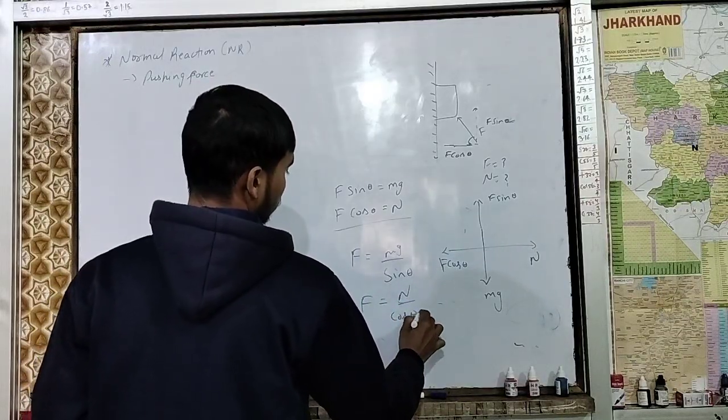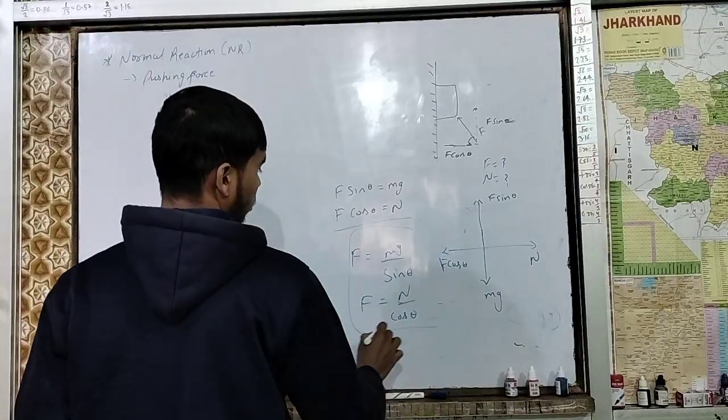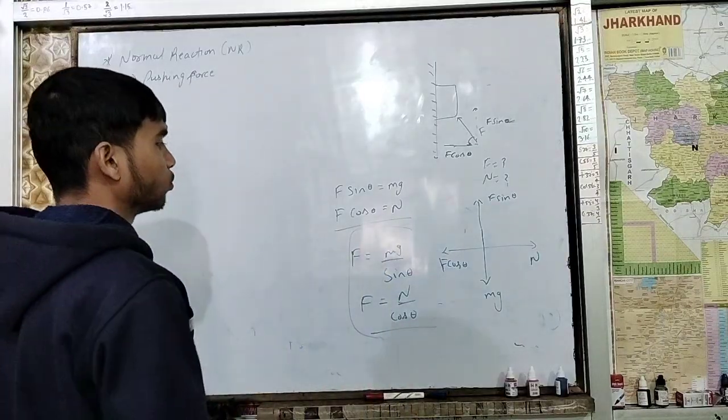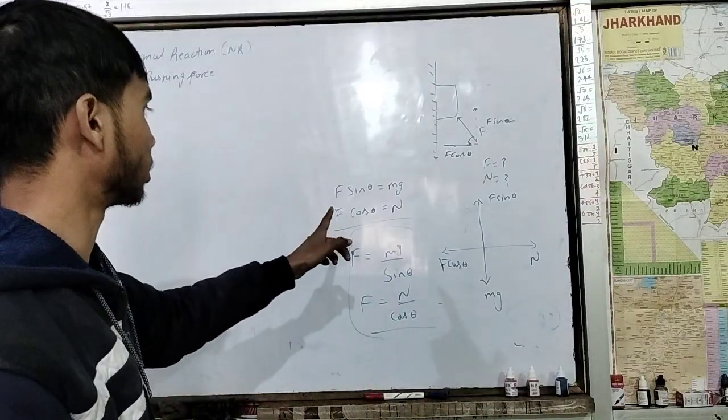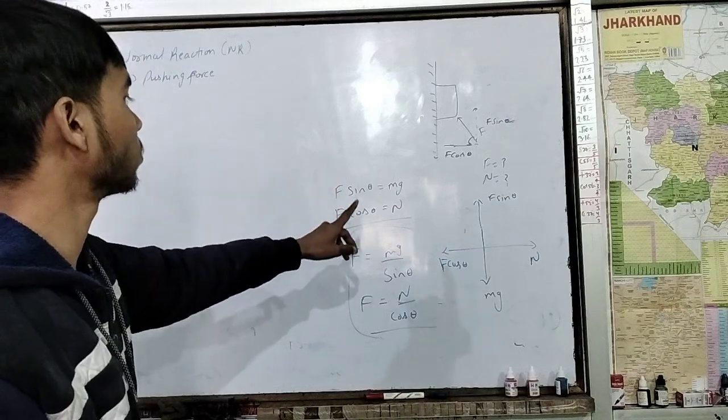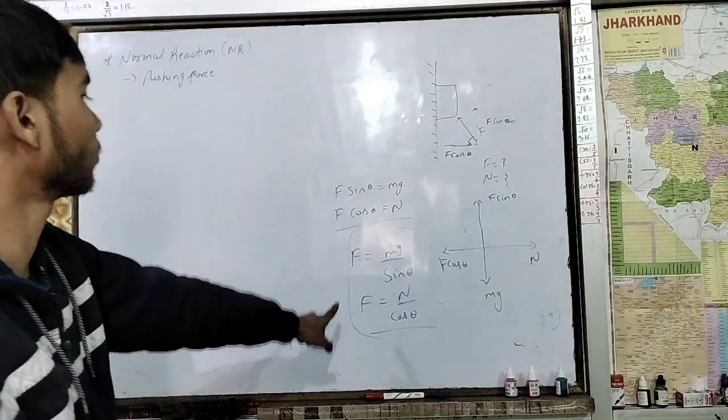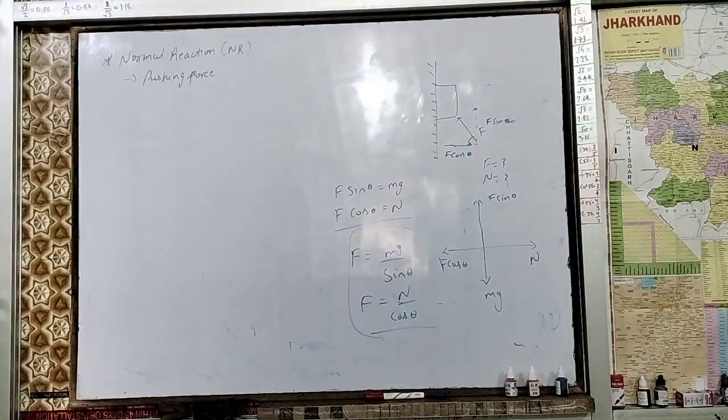So finally we have the value of F and the value of N. For N we have F cos theta, for F we have mg upon sin theta. Clear?